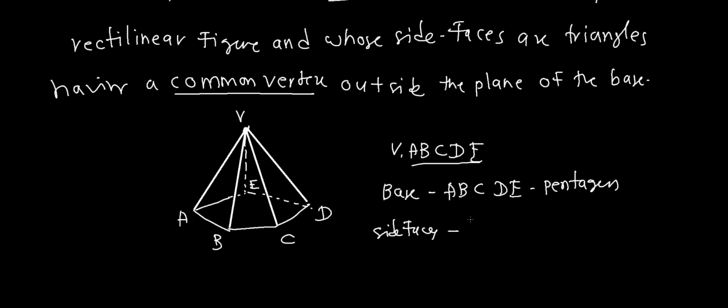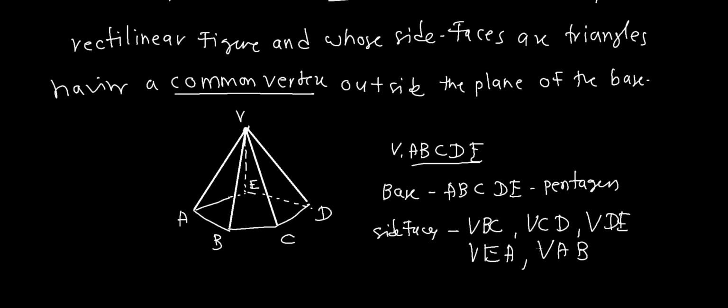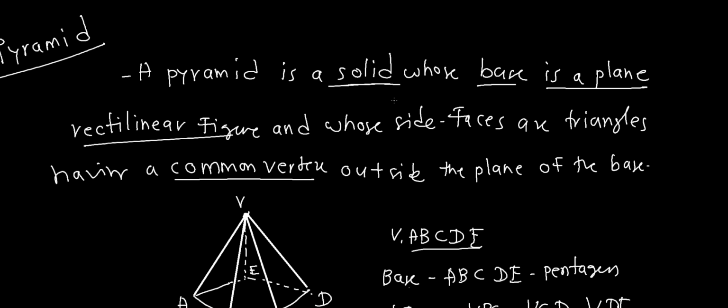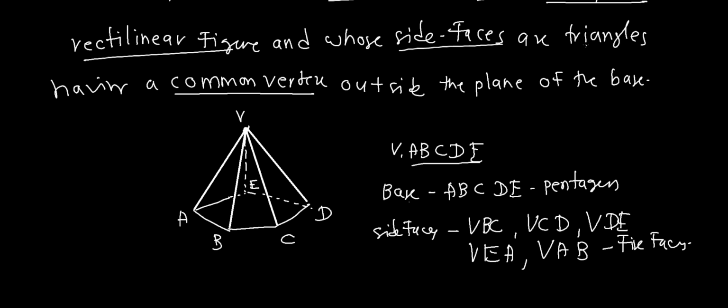So we can name these triangles V, B, C, then V, C, D, then V, D, E, then V, E, A, and V, A, B. So these are 5 faces. So a pyramid is a solid whose base is a rectilinear figure and whose side faces are triangles.